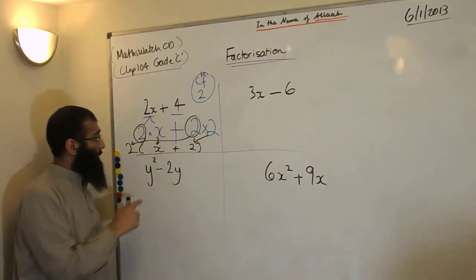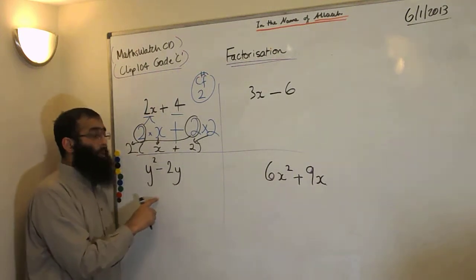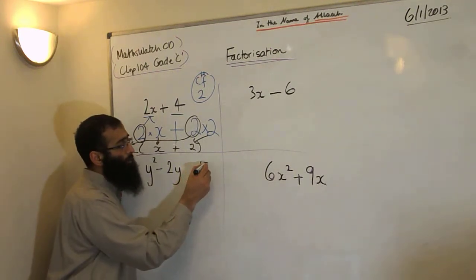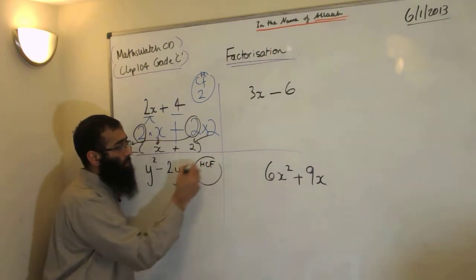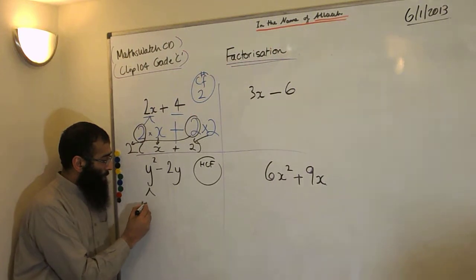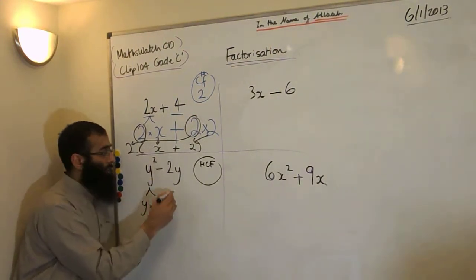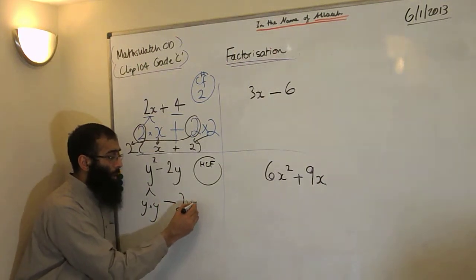Okay, next question, y squared minus 2y. Now when we look at this one and we're looking for the highest common factor, what factors do both share? So y squared is made up of y times by y, minus 2y is made up of 2 times by y.